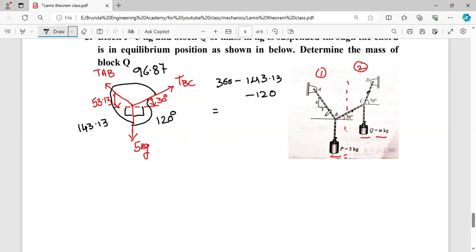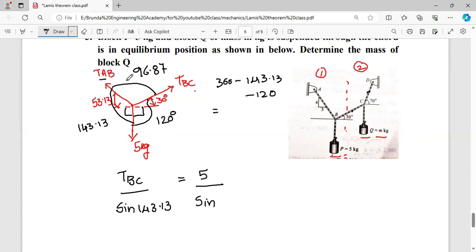So if you know this tension and this tension, then we can easily find out this mass. For that purpose, I am equating TBC by sine of the angle between the other two forces. What are the other two forces except TBC? TAB and 5 kg. So the angle is 143.13, equal to the known term, 5 kg, by sine of the angle between the other two forces except 5 kg, that is TAB and TBC.